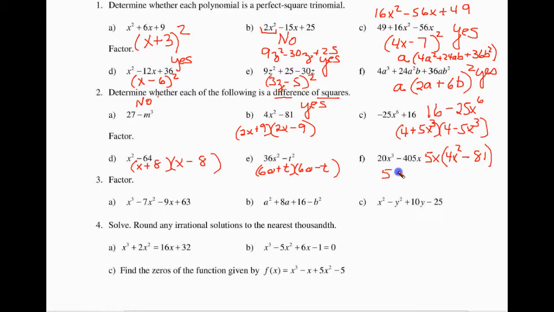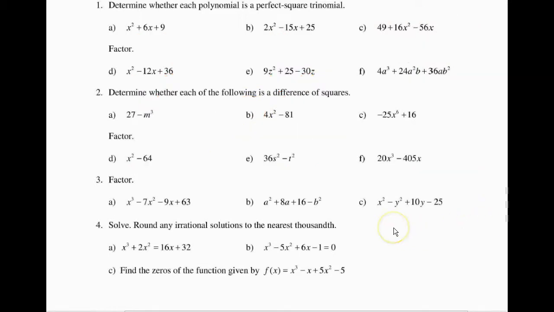So this goes 5x, and then the difference of perfect squares factors into their conjugates. 2x plus 9, 2x minus 9. Now if you put the minus here and the plus there, that's perfectly fine. Okay, well hopefully you're catching on, and these are sort of fun if you understand them and can work with them.